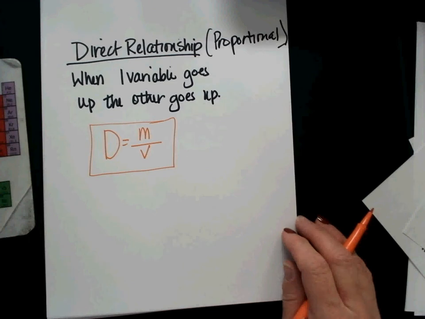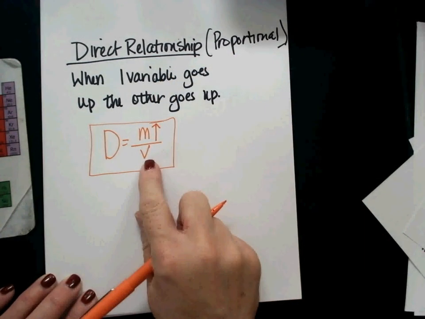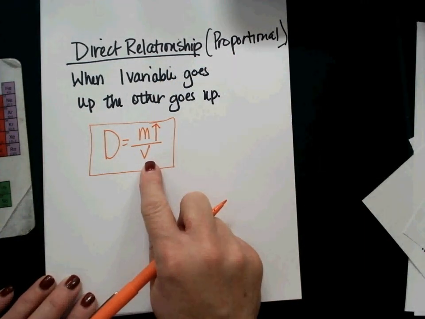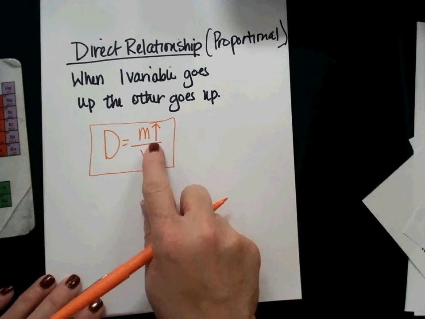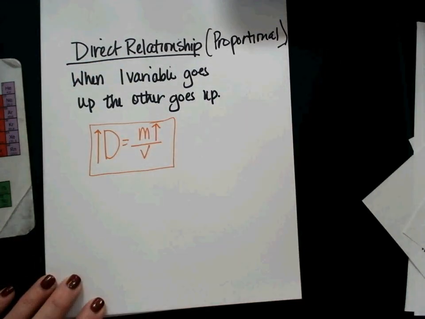Which two variables in that equation are directly proportional? Mass and density, good. If mass goes up, remember that the other variable has to stay the same for this to work. You gotta have one constant. If mass goes up, excellent, density goes up.